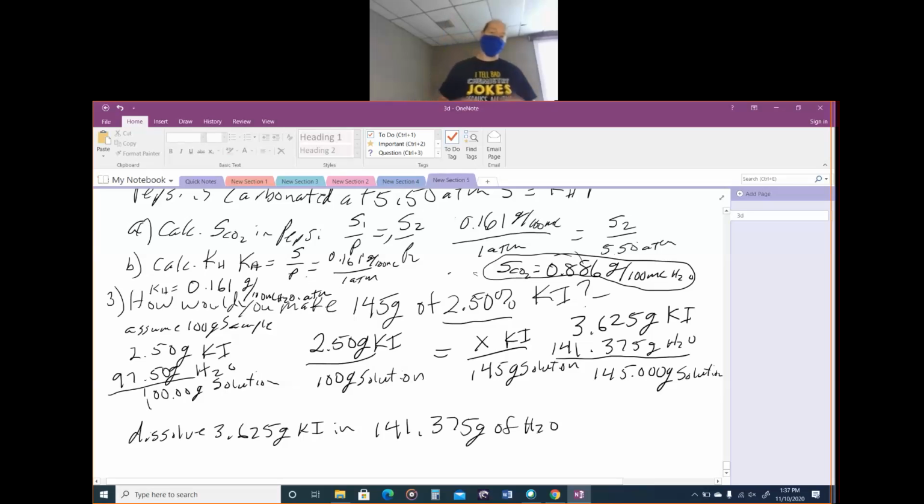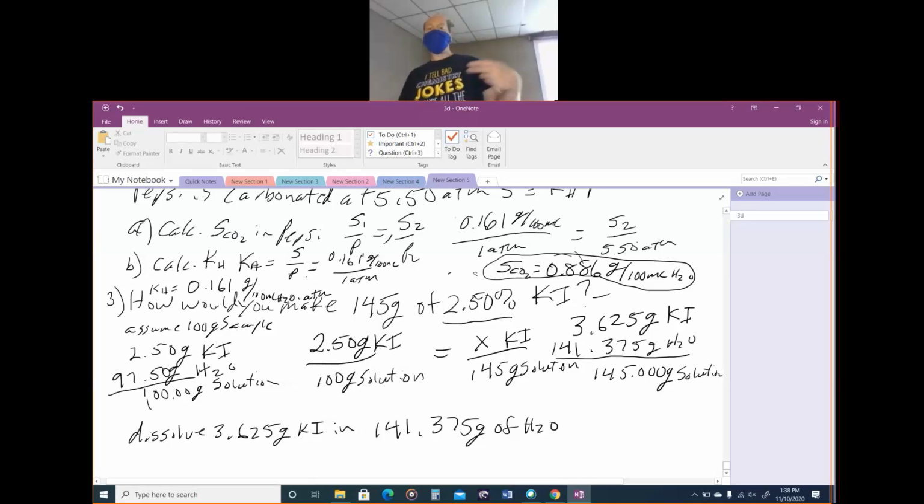That's more sig figs than you need. So you could say 3.63 grams of KI in 141 grams of water, and that would be fine. It's not great, but that would be 3 sig figs and 3 sig figs.